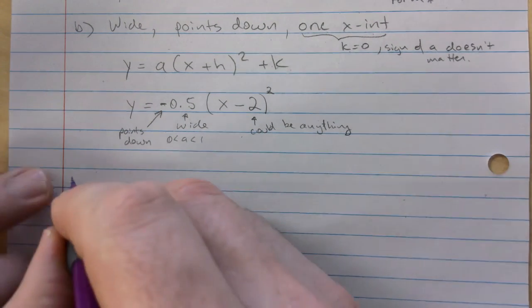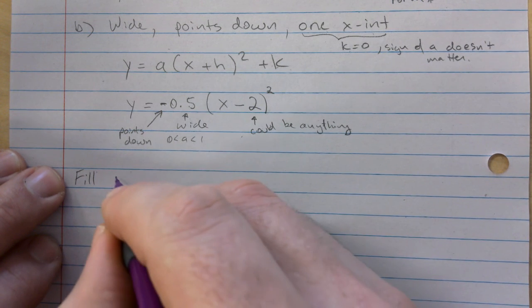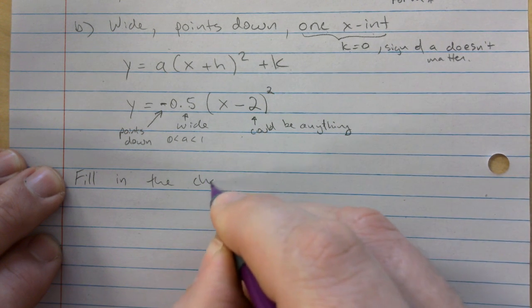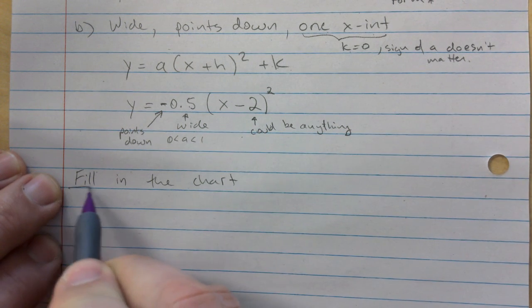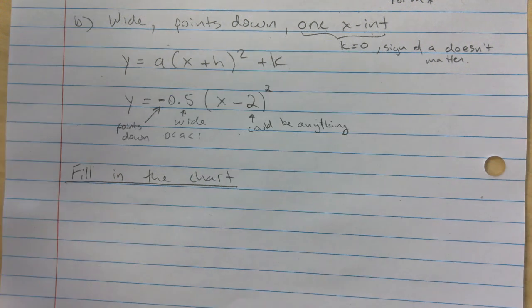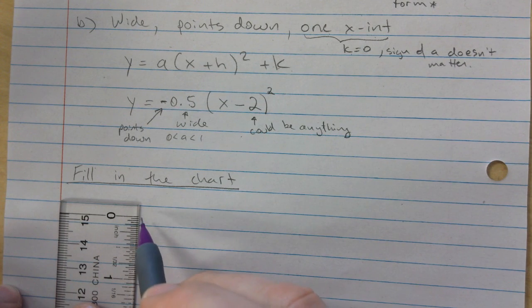Okay. Fill in the chart. And I'll tell you this, it has 1, 2, 3, 4, 5 columns. And I'm going to grab my ruler and I will kind of give you an idea.